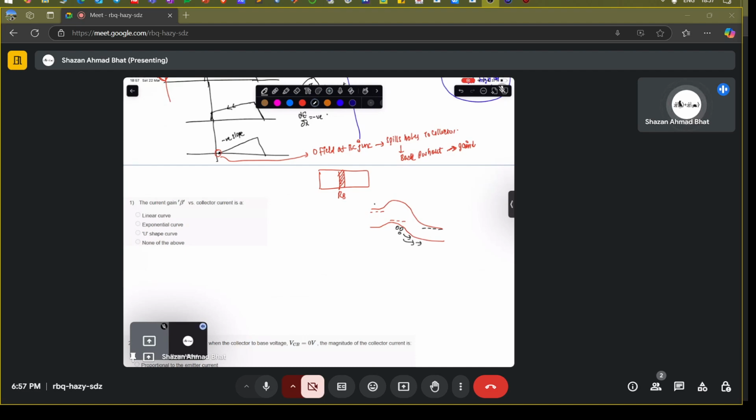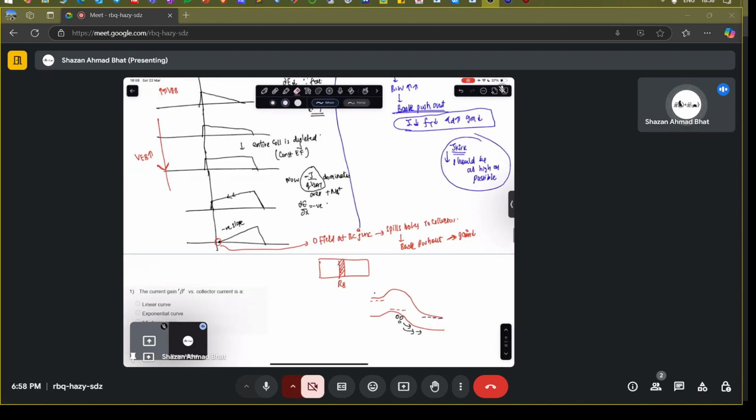So what is the threshold for the Kirk effect? We can play with the doping of the collector region. If you want to mitigate the Kirk effect, the Kirk current should be as high as possible.